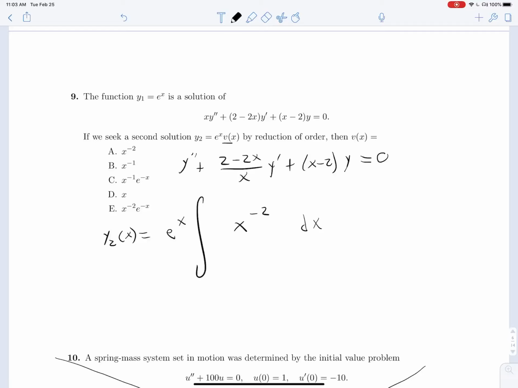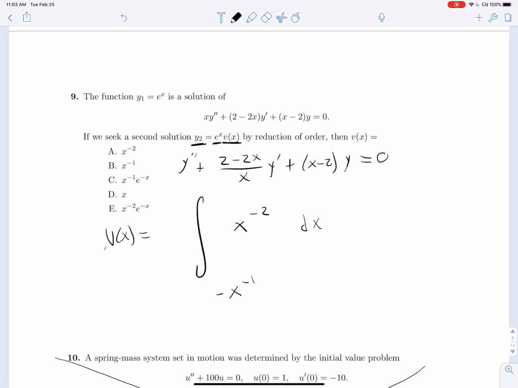And since we're looking for v of x, which is the term that's multiplied by e to the x to give us y2, really all we're looking for is v of x there. And this integral is going to give us negative x to the negative 1.